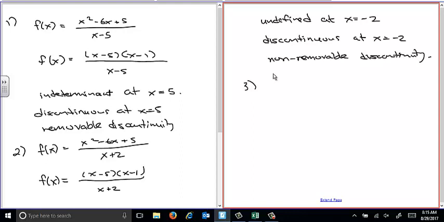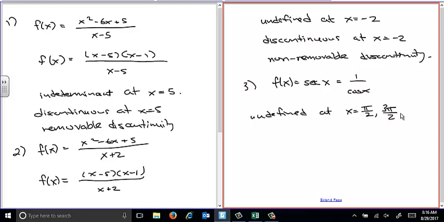I'm going to make one up here. If I did f of x equals the secant of x, in that case, I would rewrite it as 1 over the cosine. So it's undefined at x equals pi over 2, 3 pi over 2, and you could say it's equal to pi over 2 plus n pi. And I guess you'd have to define n.